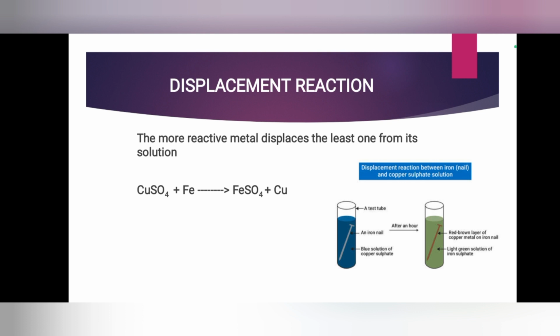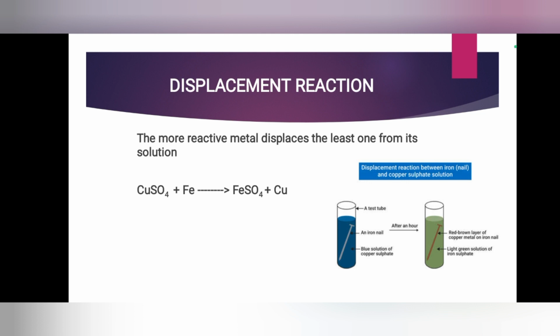The iron reacts with sulfate to form iron sulfate, or ferrous sulfate, so the color change indicates the formation of ferrous sulfate. That is what we can see, the pale green color.